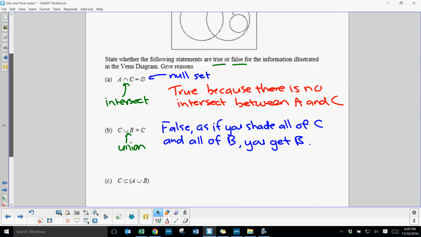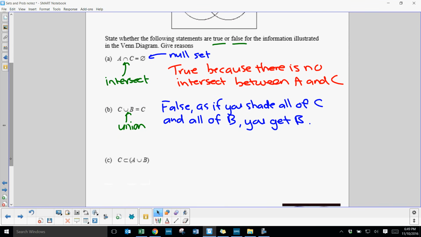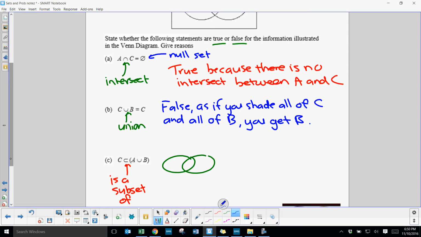C is a subset of A union B. So you might want to remember this sideways little c means is a subset of, is included within. So A union B is just the two circles together. Have a look at the diagram. Is C a subset of those two circles?